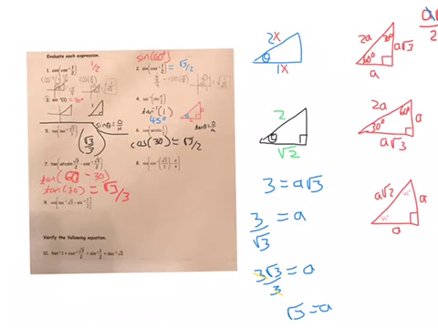Now, in case you're not clear why, let's imagine that it is, and that would make this radical 2, right? Well, according to this, the hypotenuse is whatever the leg is times radical 2. So let's see what the leg, which is radical 2, times radical 2 is.